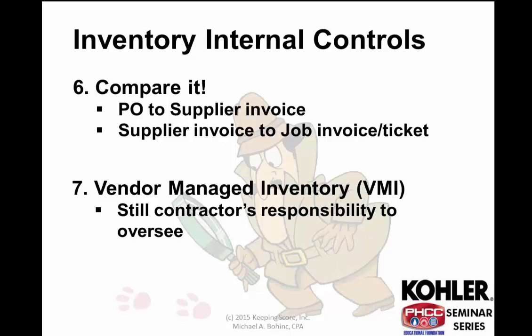But I'm comparing initially the purchase order with the packing slip for what was received, comparing that to the supplier's invoice, comparing it to the purchase order to make sure the pricing is the same, and then comparing that to the job ticket, the client service invoice, assuming that order was for a specific job.